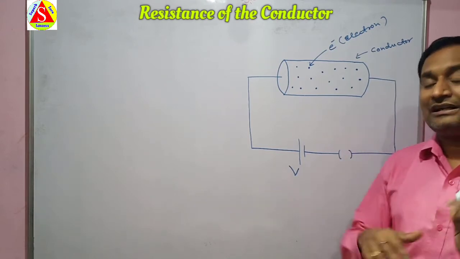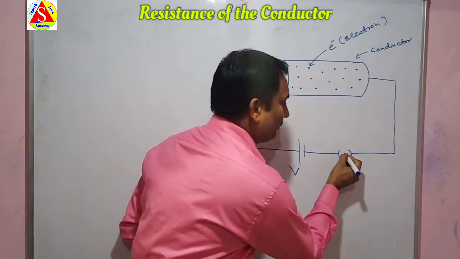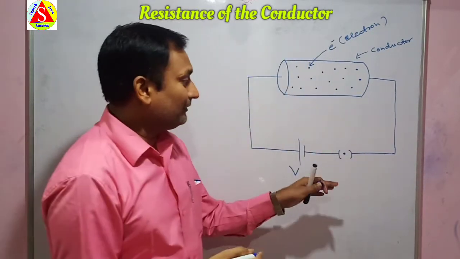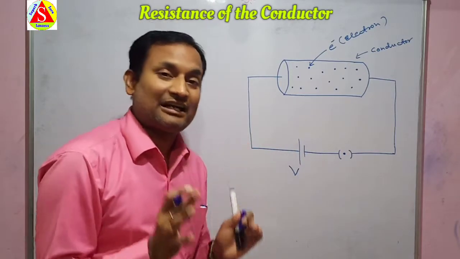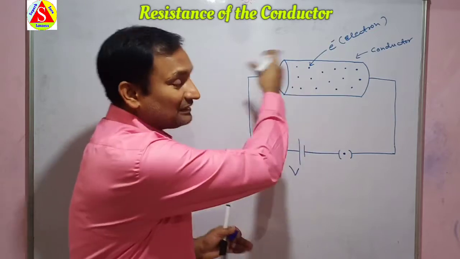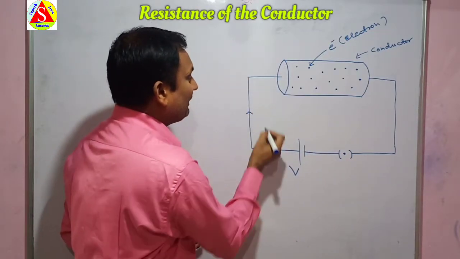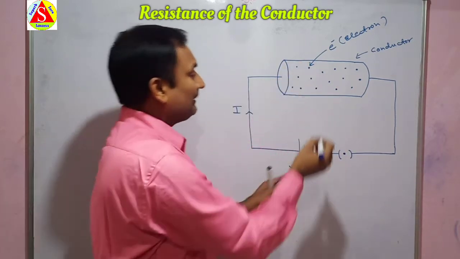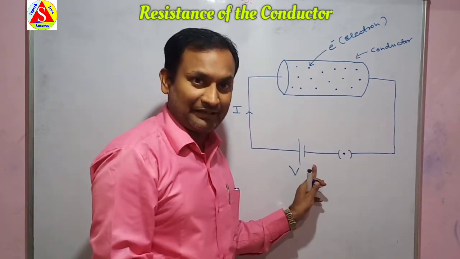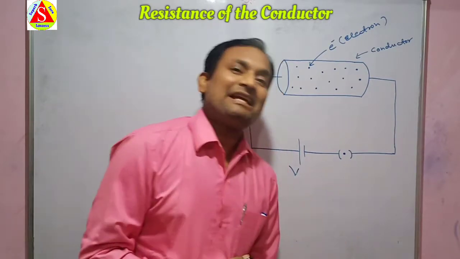Dear students, what will happen when we switch on? The current starts flowing through the circuit or through the conductor. The direction of current will be from the positive terminal of the battery to the negative terminal of the battery. But what actually happens?